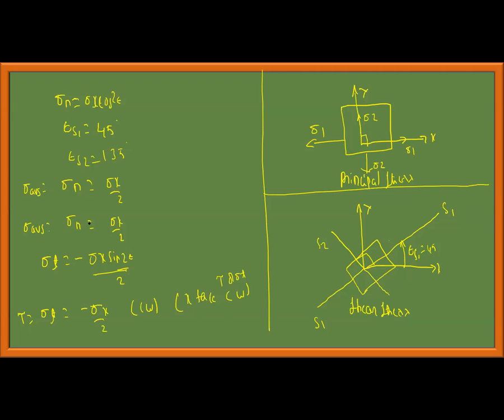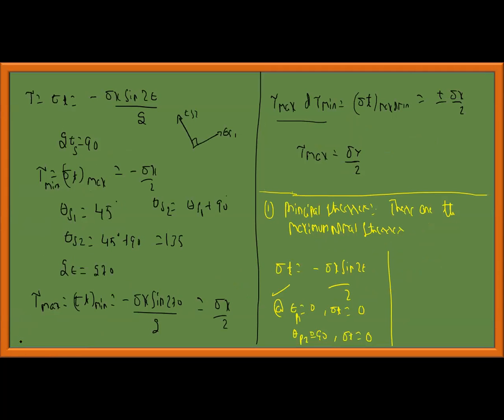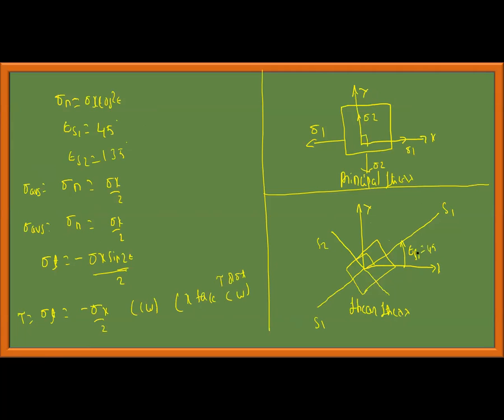Also, we know that the planes where the shear stresses are maximum are also accompanied with average stresses, sigma average. I need to represent both. I have represented theta s1 at an angle of 45 degrees. In order to know whether the shear stress is acting like this or like this, I don't know for the time being, so I will follow a thumb rule. I will substitute my theta s1 in sigma t. If I get it negative, my sigma t is rotating my s1 face in the clockwise direction.